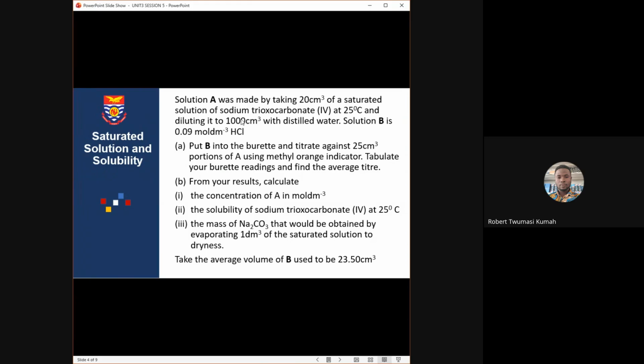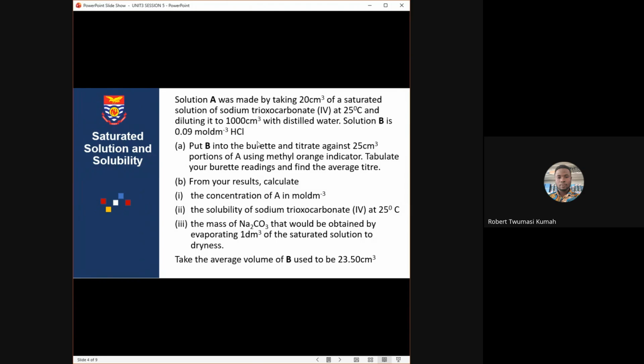Now, between this 20 and this 1,000, the only thing that has changed is the volume, but not the number of moles or the number of particles, because we have only added more volume. So the number of moles in the 1,000 is the same as the number of moles in the 20, but that cannot be our concentration.